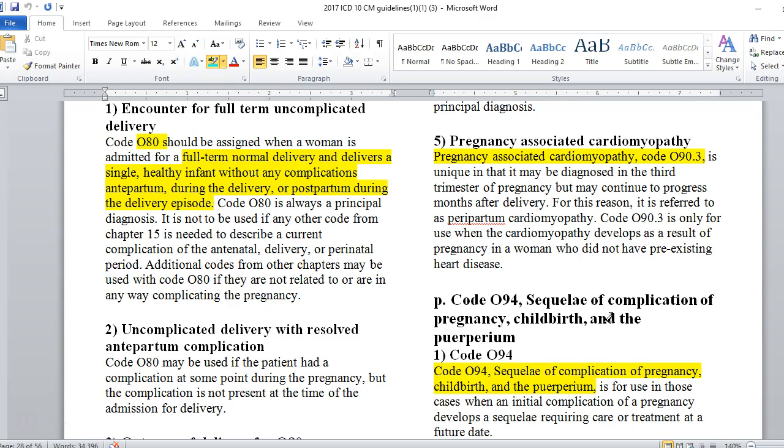Code O90.3 is only for use when the cardiomyopathy develops in a pregnant woman who did not have pre-existing heart disease. That's the important part. The woman did not have a heart condition before she got pregnant. So we want to keep that in mind. Again, cause and effect. If it's caused by pregnancy, pregnancy-associated cardiomyopathy.